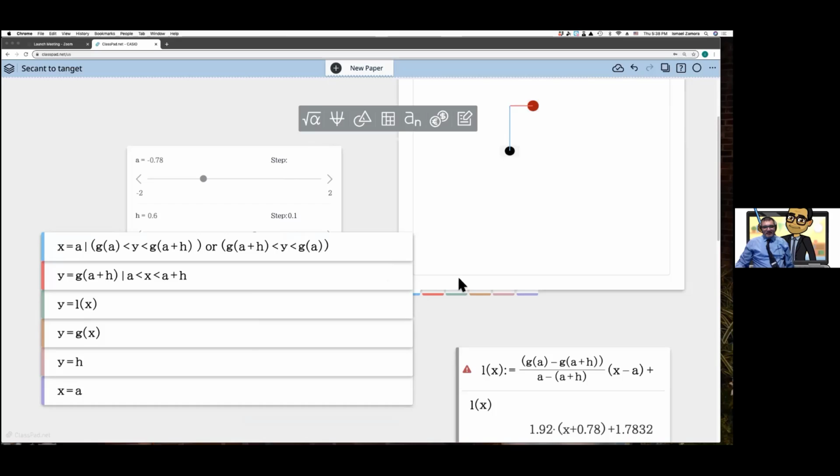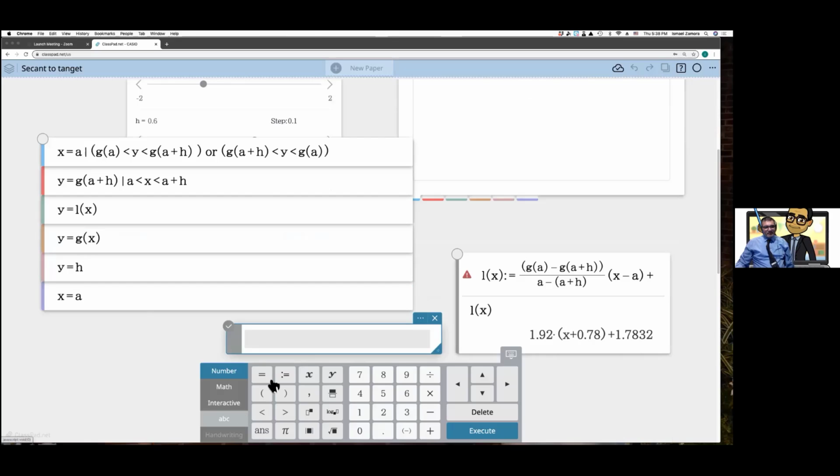Now, thinking calculus-wise, I can calculate the slope of the two points by just saying, well, that's a difference in y. So I'm going to put this in parentheses. The y-coordinate of the black point minus the y-coordinate of the red point. And I'm using my keyboard shortcuts here.